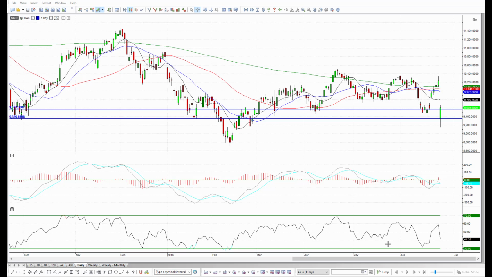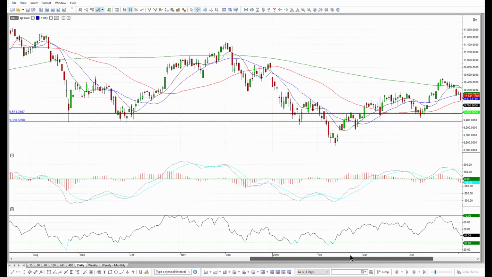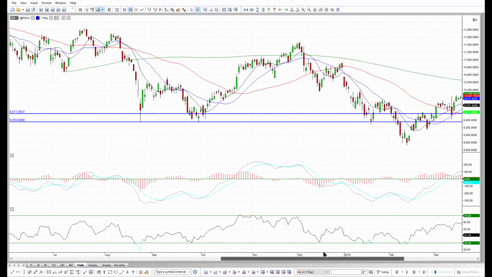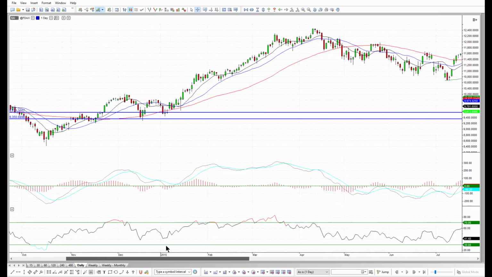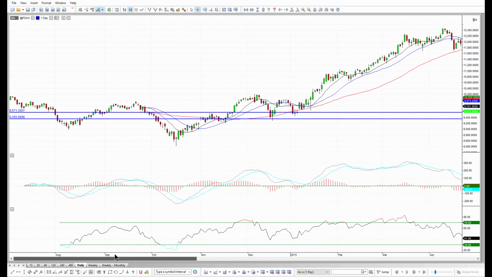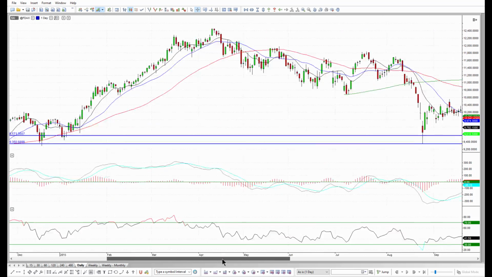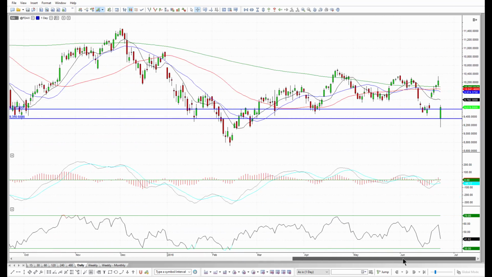So these are market structure levels. If I scroll back in time through this market, you can see how many times these levels have been tested, right the way back through history. They've been support and resistance. Because they've been so tested and the market's respected them historically, there's no reason for me to expect that the market won't react around them, at least around the current condition.